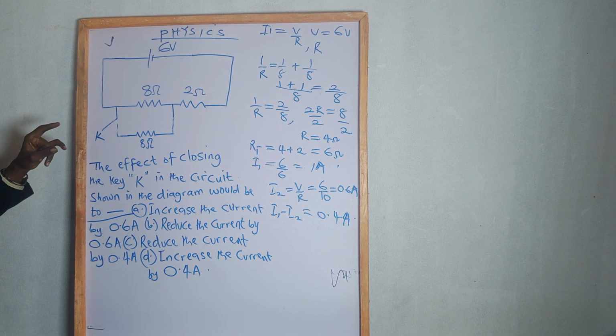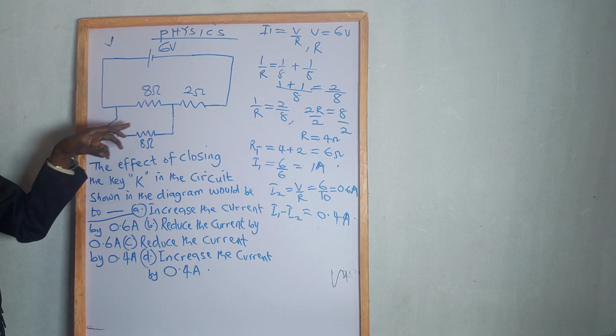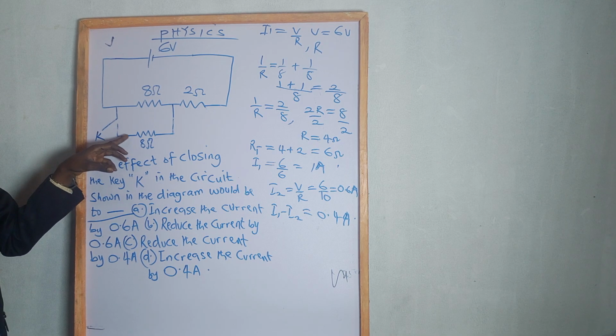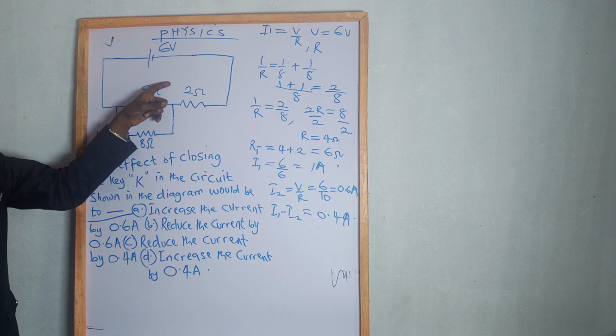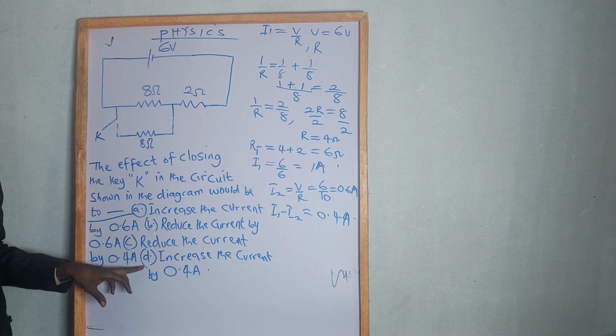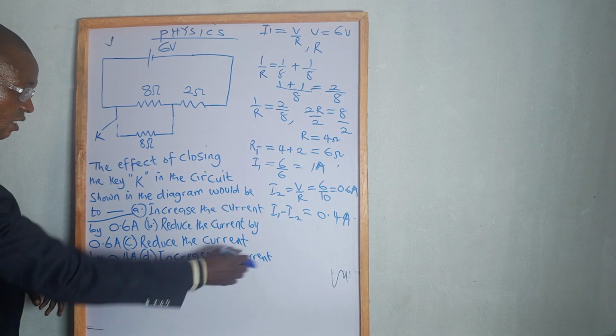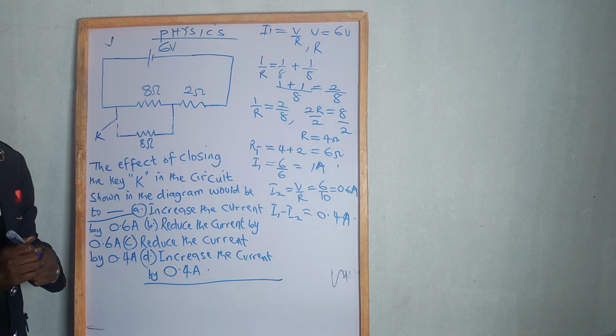So if you want to close this circuit, that is, you want the current to extend itself to this particular portion, you have to add 0.4 ampere to the initial 0.6 ampere that was there. That means option D is the correct option, that is, increasing the current by 0.4 ampere. Thank you very much for watching.